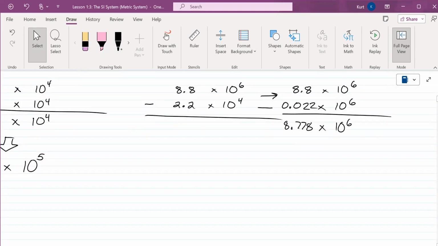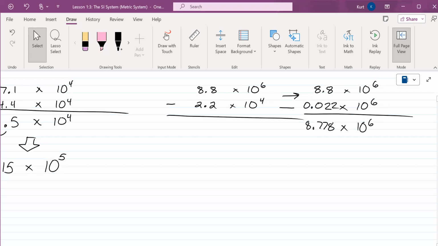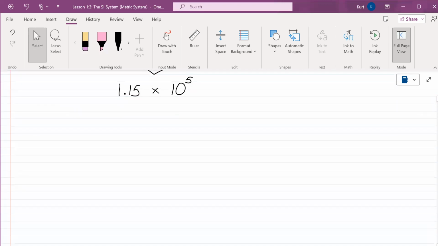Now, I think we're ready for the next step, guys, if there are no other questions with addition and subtraction. All right. Let's do multiplication and division. This one's actually easier.